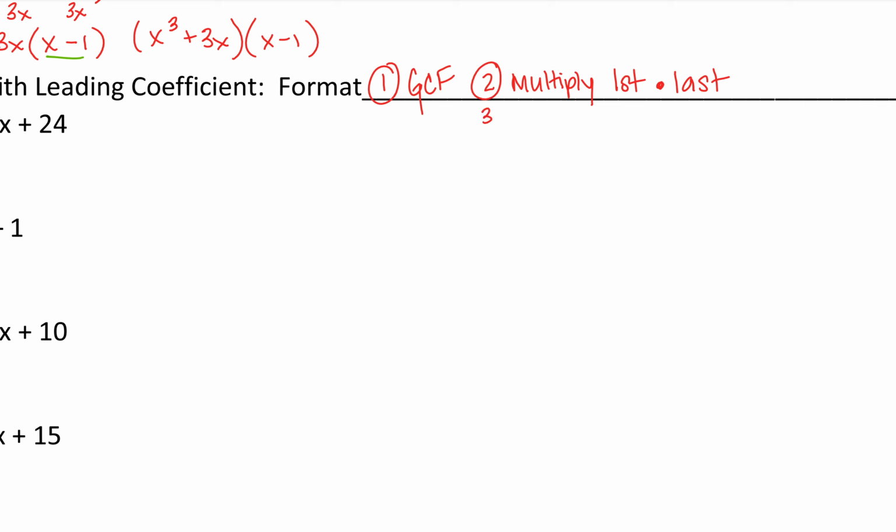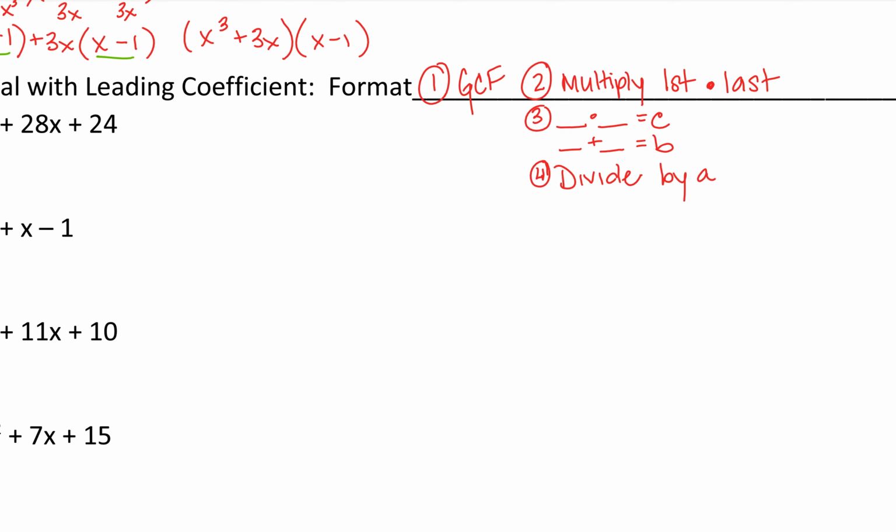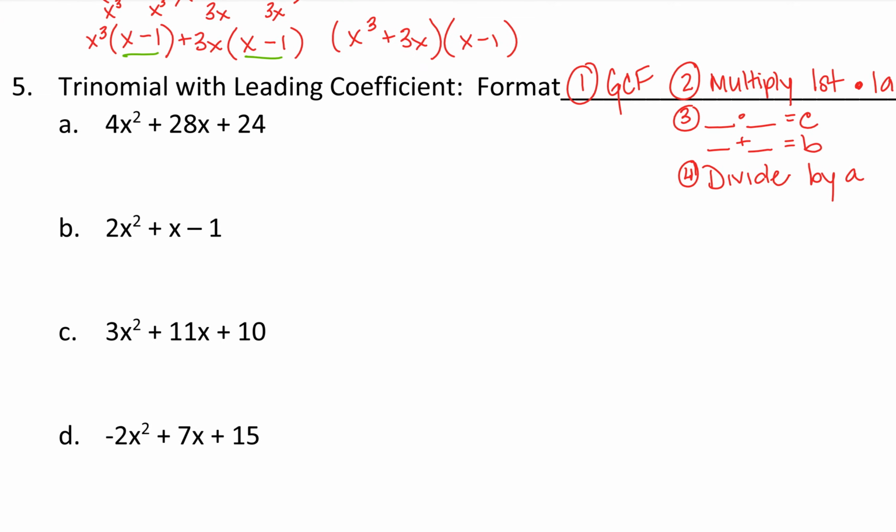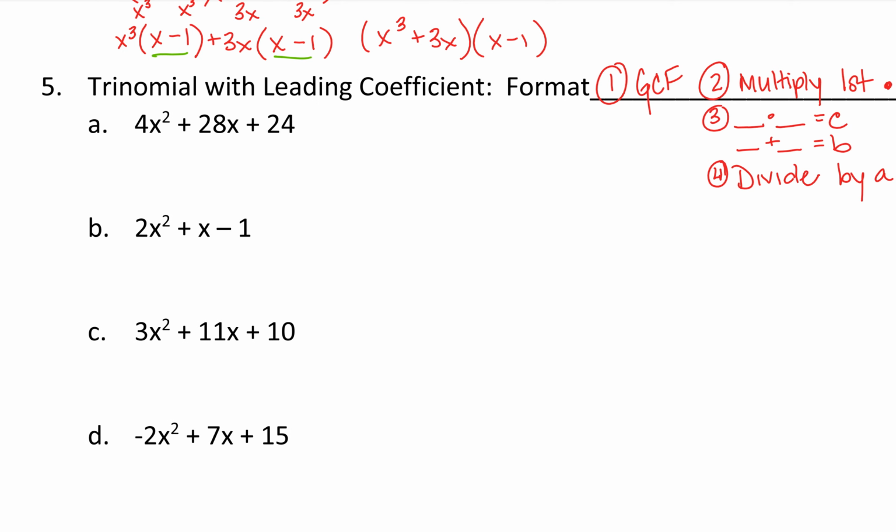Then I do my what times what gives me C and adds to give me B. And last, I must go back and divide by my A. Okay, so this is going to make sense as we go, but it is probably the easiest method that I have been able to come up with to solve these types of problems.